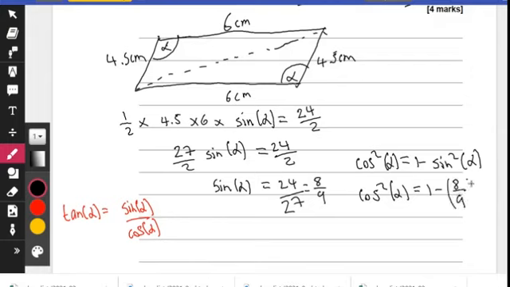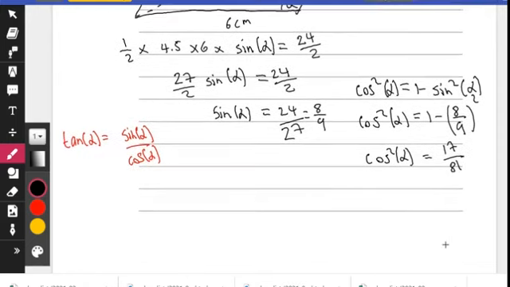So 8 over 9 squared, which means that cos squared of alpha, by combining the fractions, 8 squared is 64 over 81. To get from 64 to 81, that's going to be 17. So that's 17 over 81. And then cos of alpha equals the square root of 17 over 81, plus or minus.